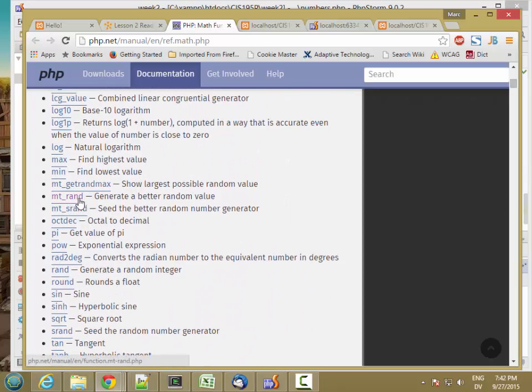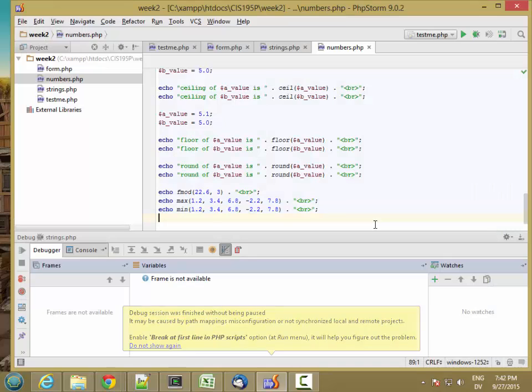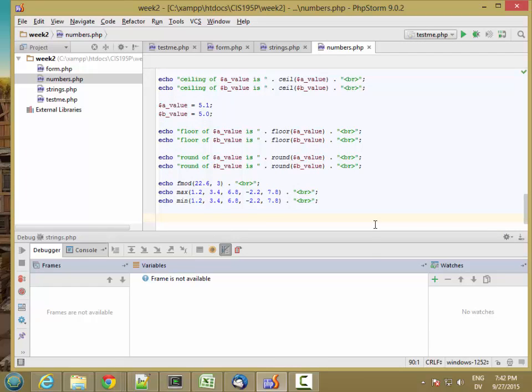A slightly better random number generator, converting an octal string to decimal value, pi, which is 3.1415. Power, we already looked at this. If you're in PHP before 5.6, you can use the pow function to raise a number to an exponent, convert radians to degrees, and then generate a random number. So if you want to generate a random number, you can say my rand equals rand, and then you give it a min value and a max value.